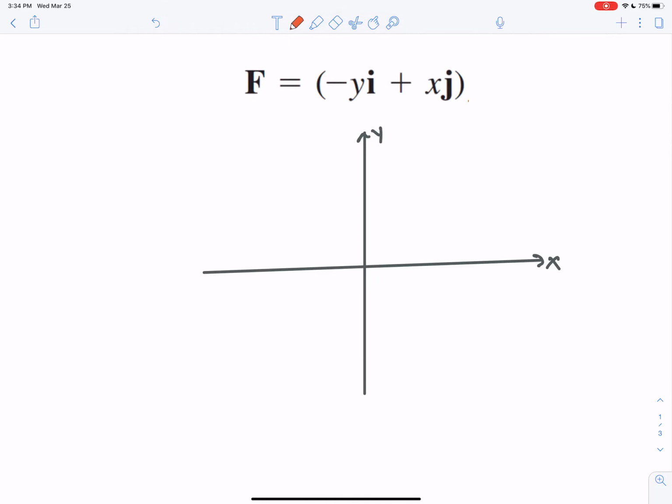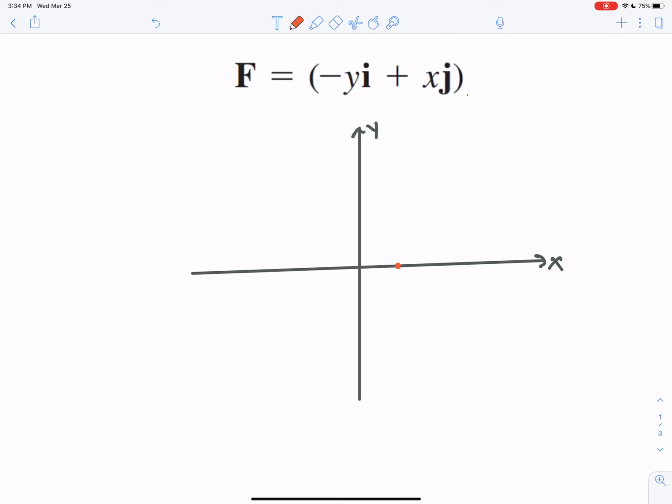The point, how about 1, 0? So in this case, 1, 0 would give 0i plus 1j. So that's 0 in the i direction plus 1 in the j direction. So now it's kind of flip-flopped a little bit. So we have 1j.